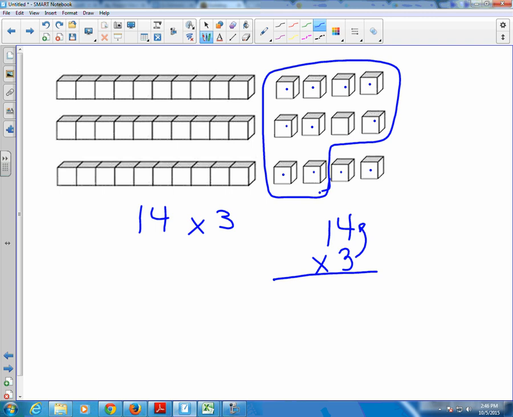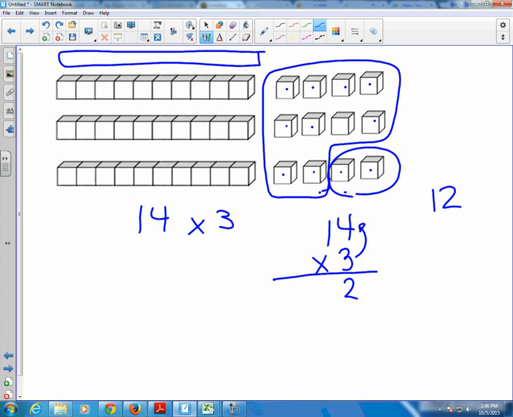So when we regroup, we have 12 ones, we actually have this 2 left in here, and then the other 10 are going to go and build another 10. So we say that we're going to regroup the ones as 1 ten. So that's why we carry 1 in here, because now it's in the tens place.